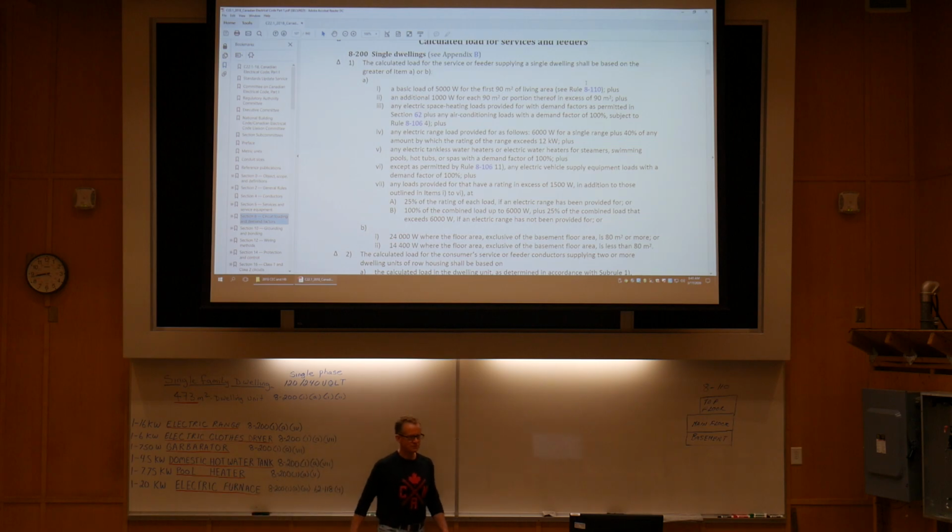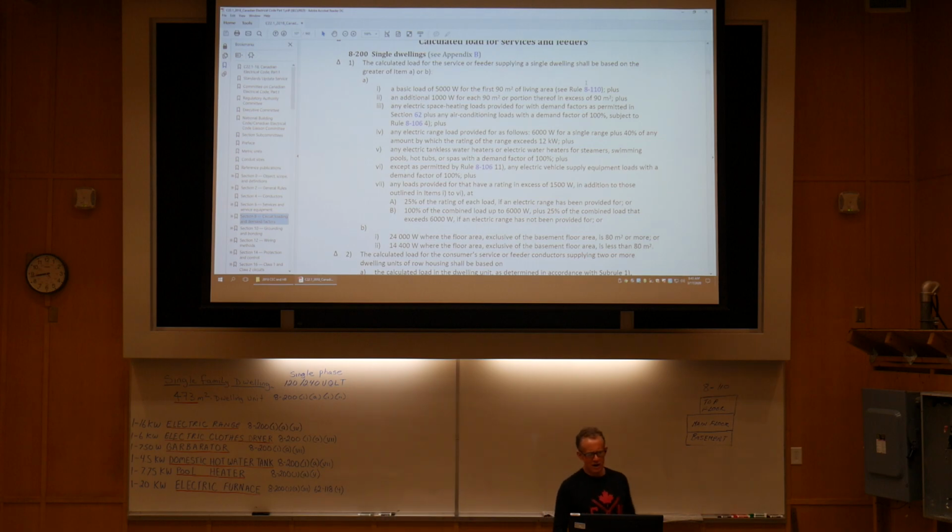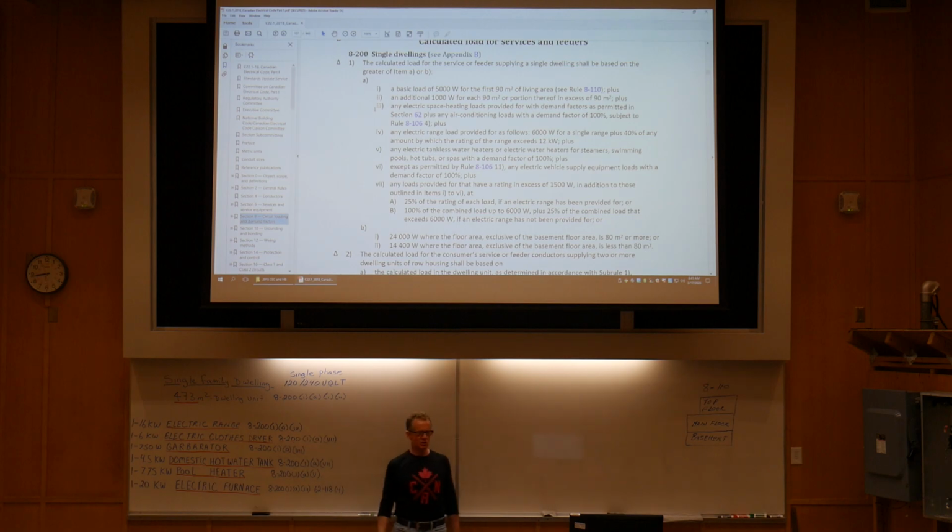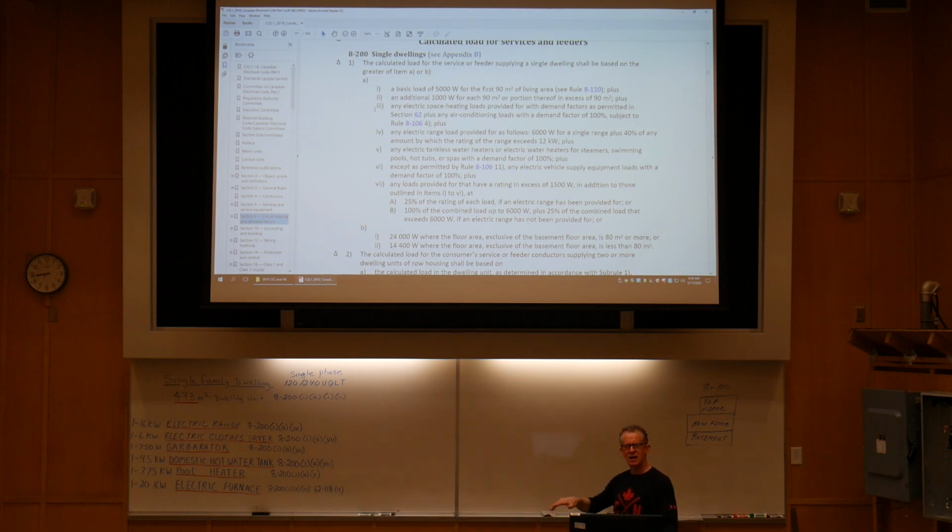All right? So as we run through the rules, I have the pertinent rules that deal with each load right beside it. So we'll run through the rules anyways, and then as I do the calculations, and you're watching the video, and hopefully you have the code book in front of you, you can run through this. Every calculation that you do for a single-family dwelling is textbook like this type of scenario.